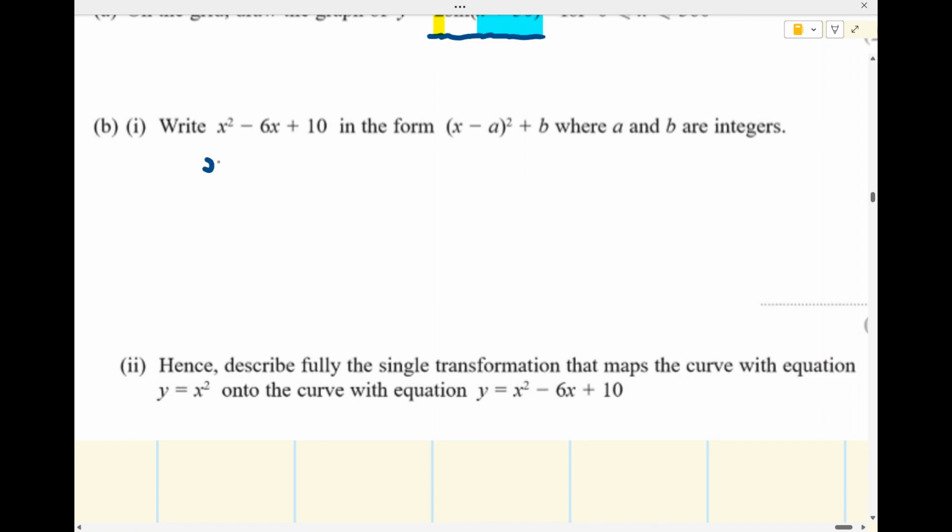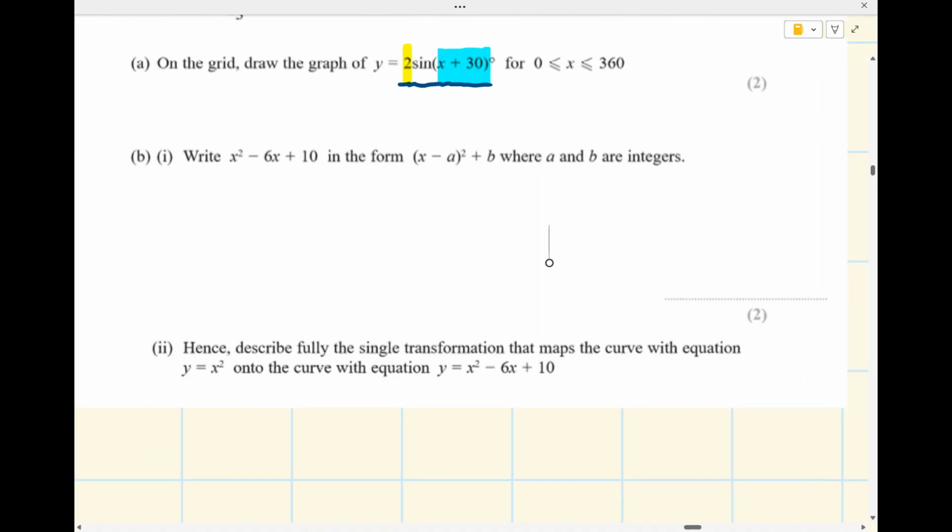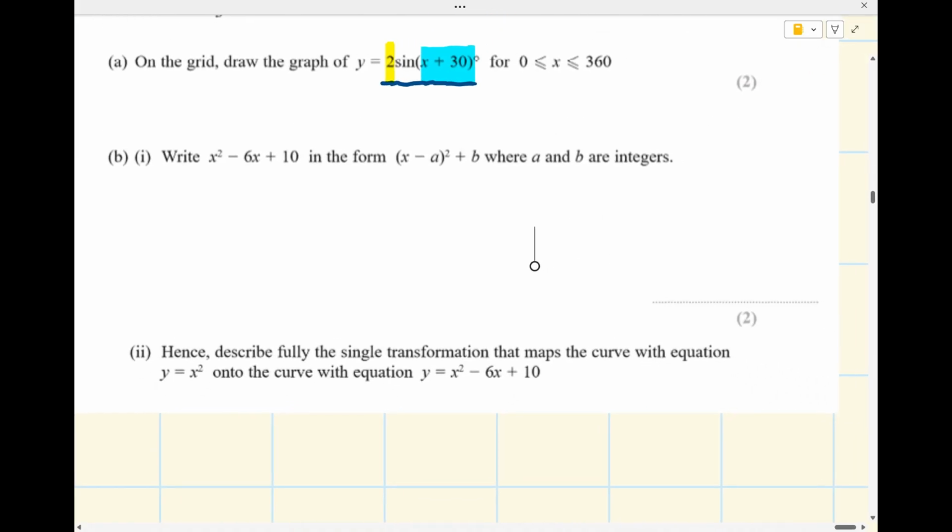I've got x squared minus 6x plus 10. So that's going to be x minus 3 squared minus 9 plus 10. So that's going to be x minus 3 squared plus 1. Just checking I'm happy with that. Yes, I am.